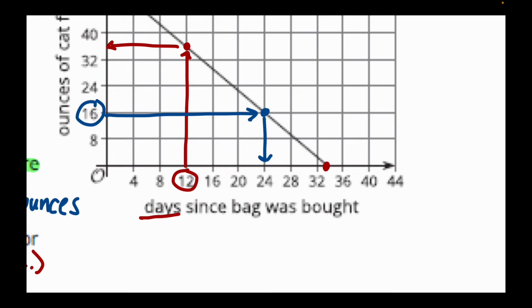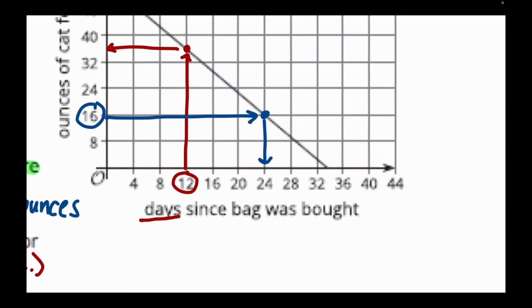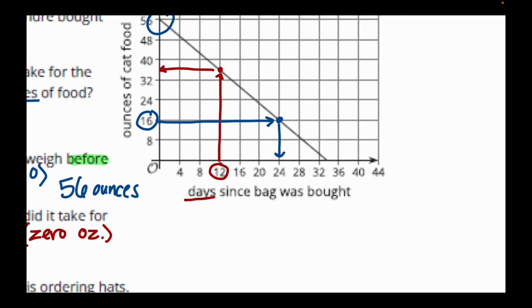So 33, 34, 35, 36. There's about 4 spaces in between these. So we can say around 33. So approximately 33.